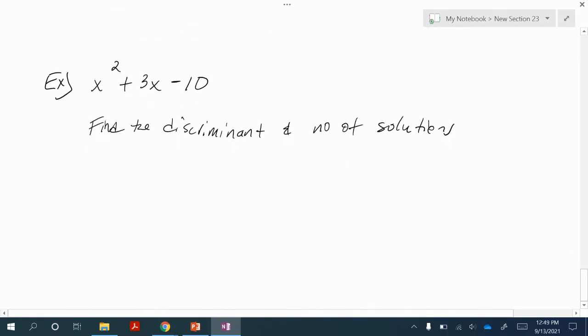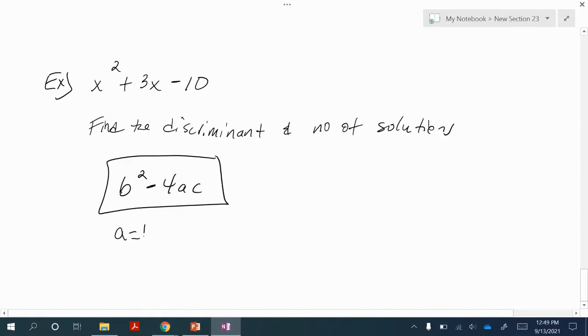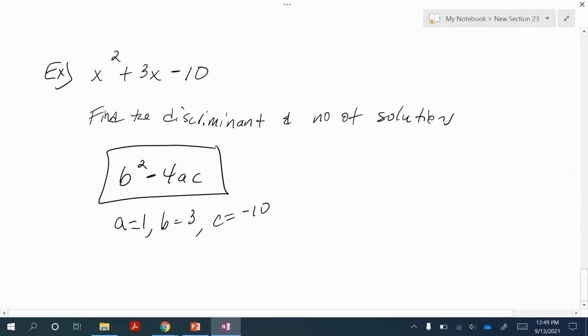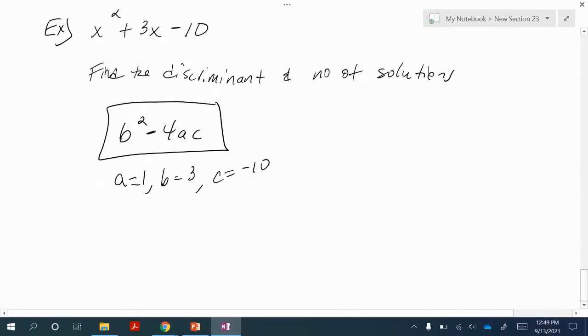All right. So we're simply going to take the discriminant, which is b squared minus 4ac. Right. I'm going to pull out a as 1, b is 3, and c is -10. Right, and we're going to simplify.